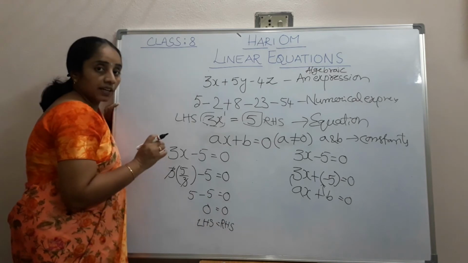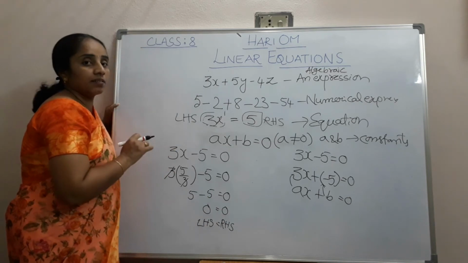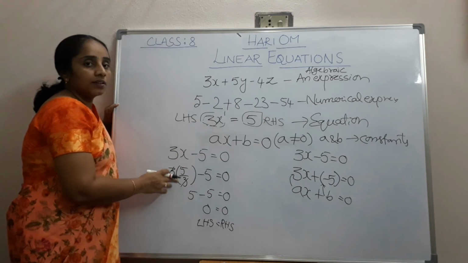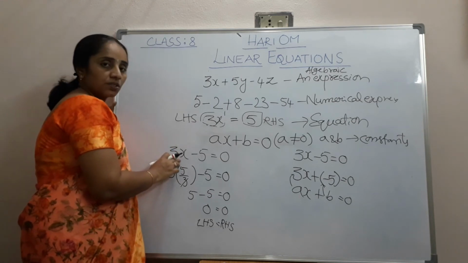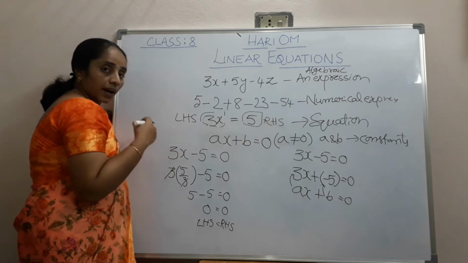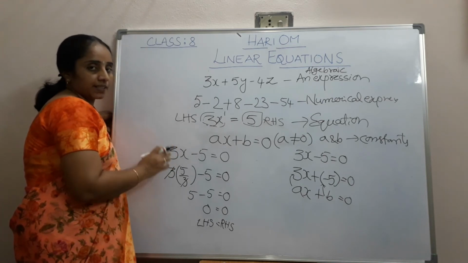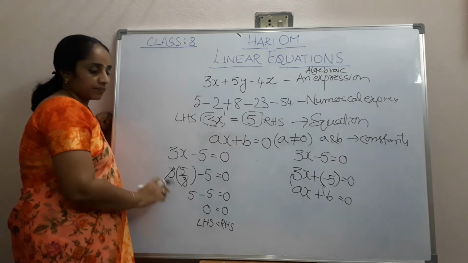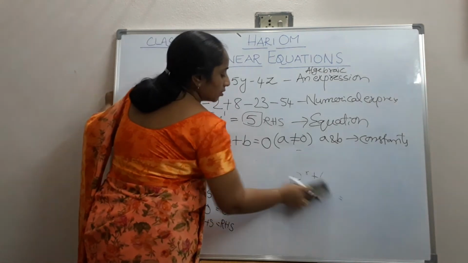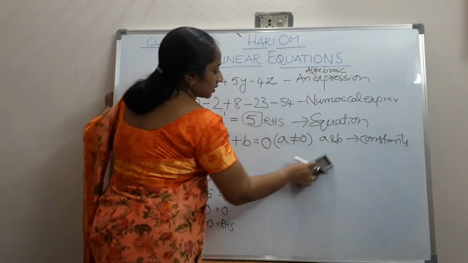So what is that value? It is 5 by 3. So x value is 5 by 3 here. This I guessed by the guessing method. For small values we can guess and do that.